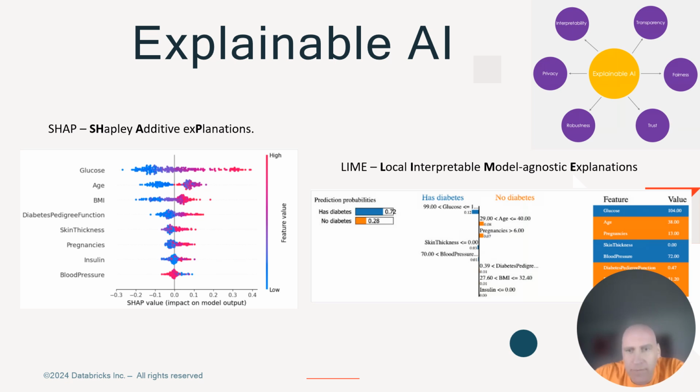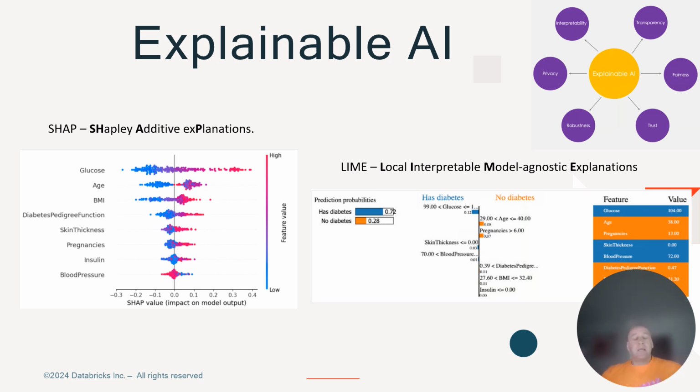The patient has a glucose level of 104. Anything with glucose, as you can see in the middle, at 99 and over increases the chances of someone having diabetes. Secondly, we're looking at blood pressure. If it is 70 and over, again, it increases the chances of someone having diabetes. And then we're looking at skin thickness. These are the main factors in how it increases or decreases someone's chances of having diabetes. And then we can see how the model arrived at its decision.